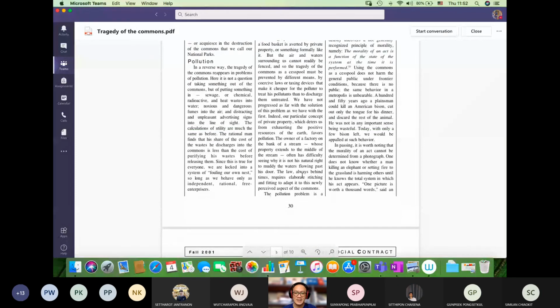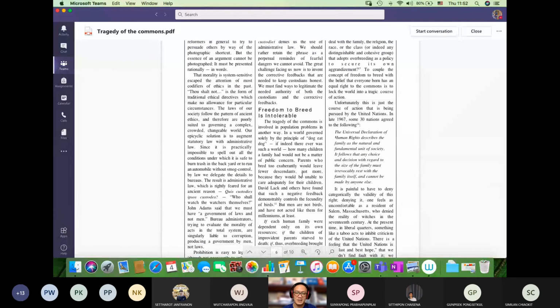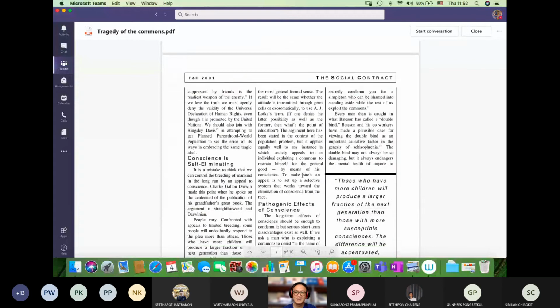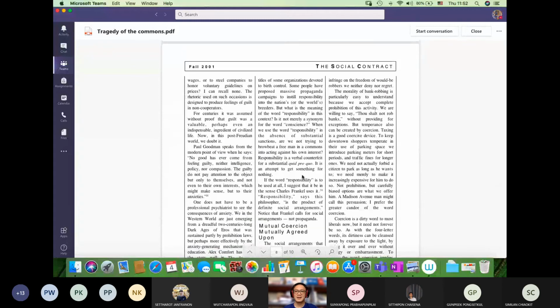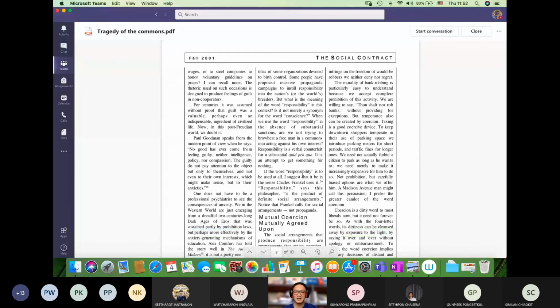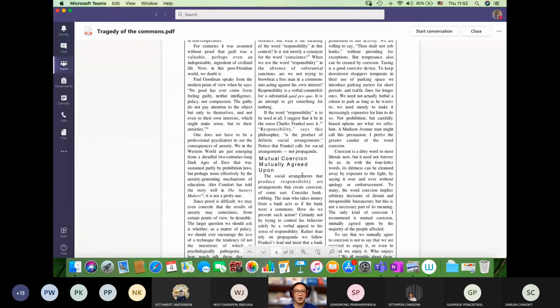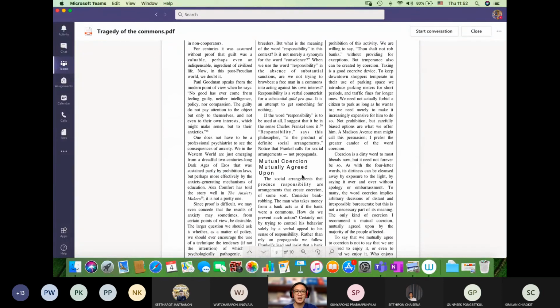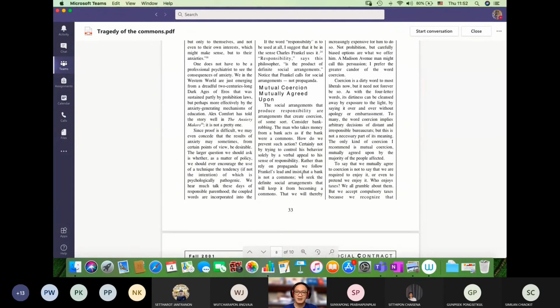This article contains 10 pages. They actually are more on a social issue, not just the environmental issues.